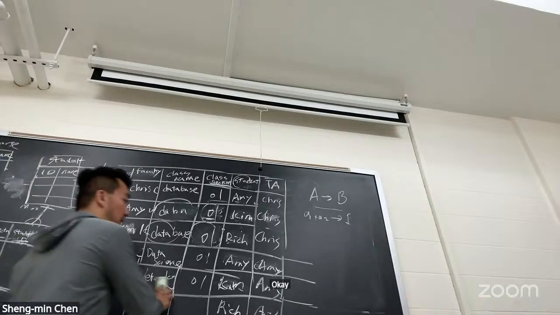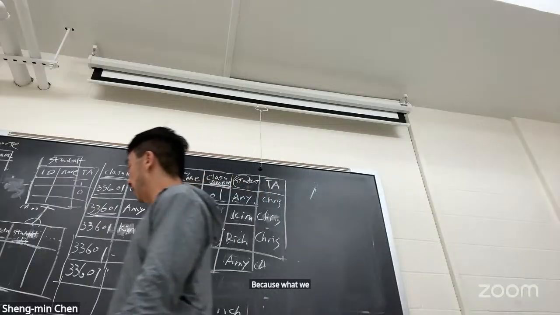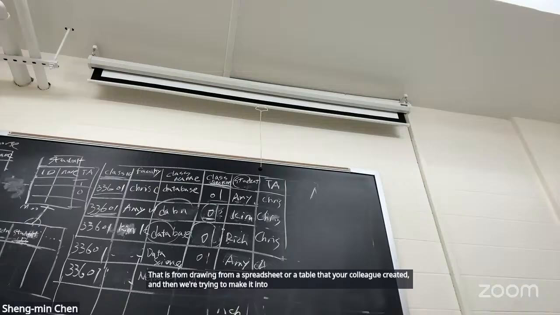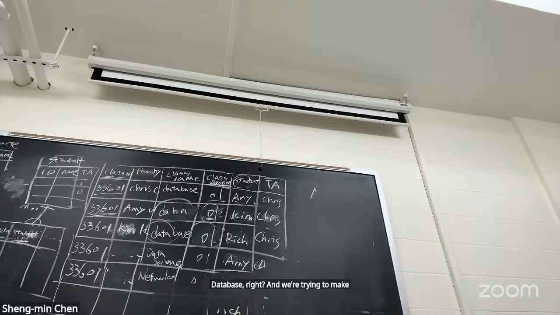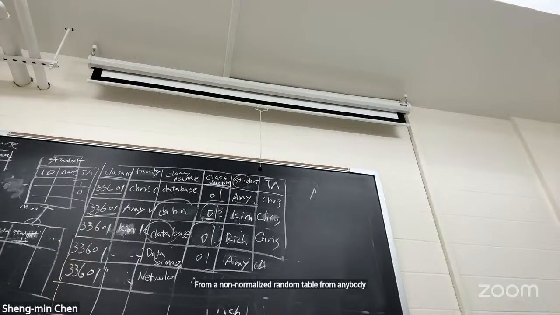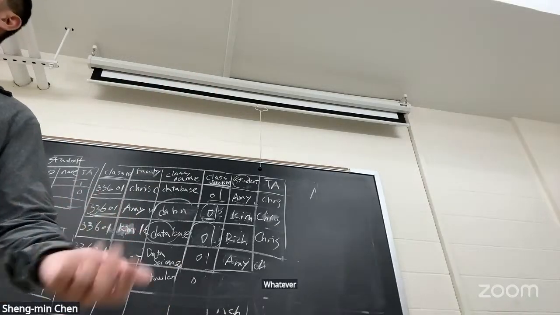Okay. Right, so this next exercise is going to be very important, because what we did today is we moved from zero to second normal form. That is, from a spreadsheet or a table that your colleague created, we made it into a database, as normalized as second normal form. From a non-normalized random table from anybody, an accountant or whatever colleague, giving it to you, you're trying to design it to store in the database so you can make an app, or do data science work.